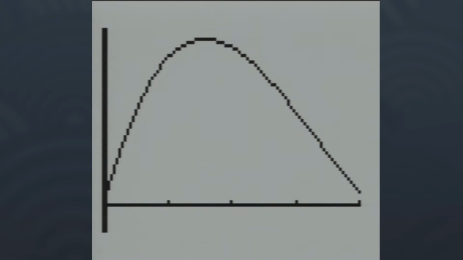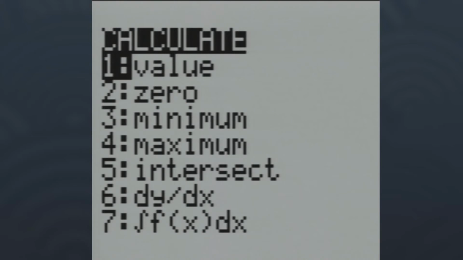Suppose I wanted to figure out what would be the volume if the height of my box, and therefore the size of the square I would have cut out, was maybe 2.75 inches. Well, we can use the calculator's feature to easily do that. If you do second trace, you'll get all the calculate functions that you see here.